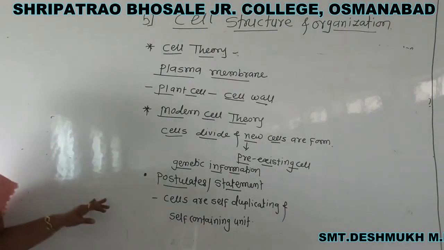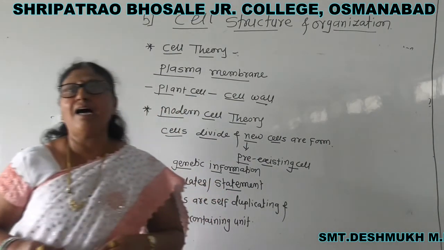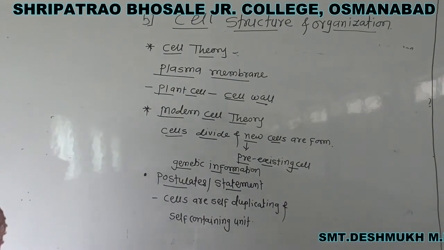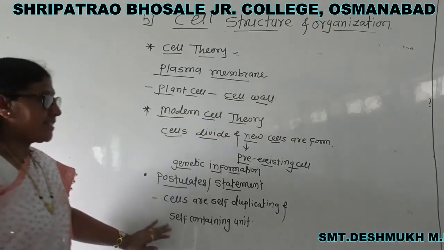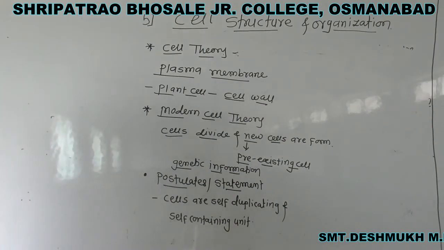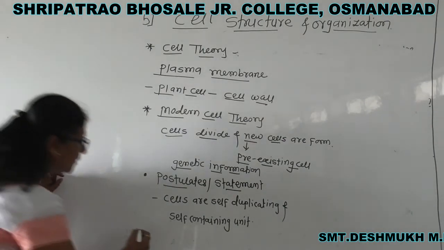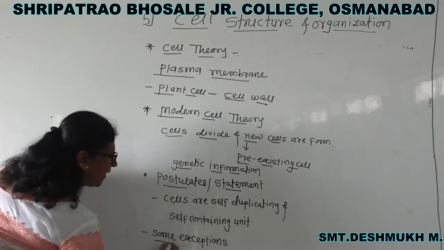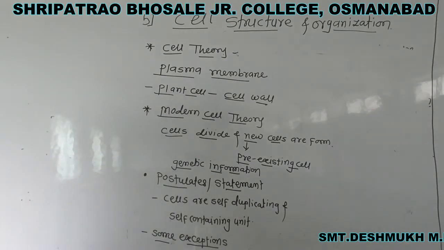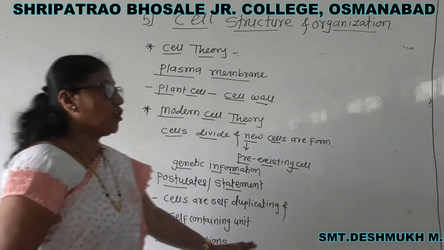And some cells are totipotent. There are some exceptions to the cell theory, like viruses, bacteria, blue-green algae, and fungi like Mucor and Rhizopus.